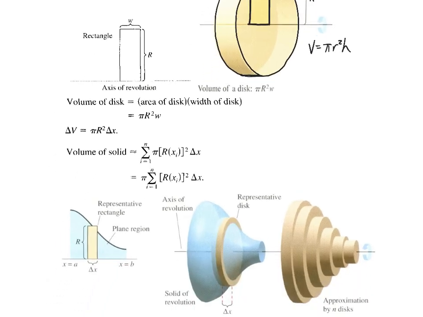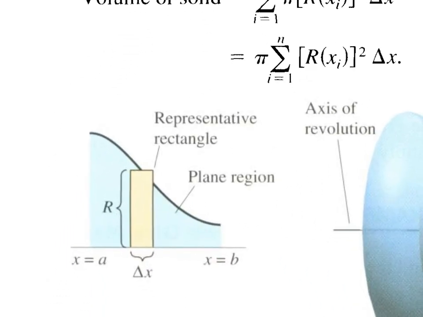For example, here we have this function, and this function is R of x. Notice the radius is going to change depending on what x is.